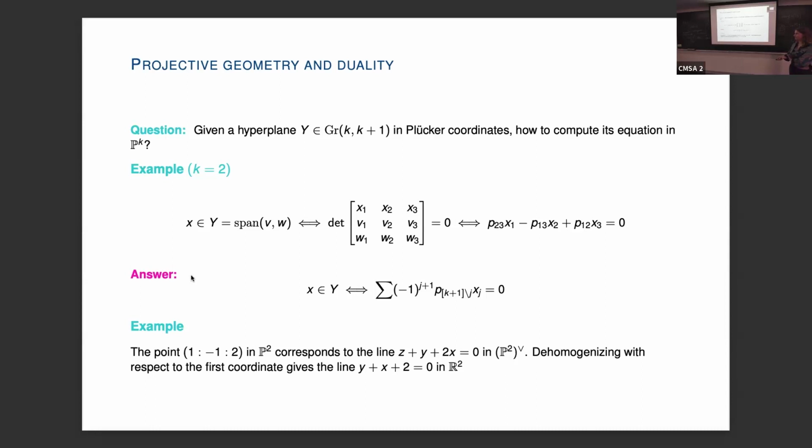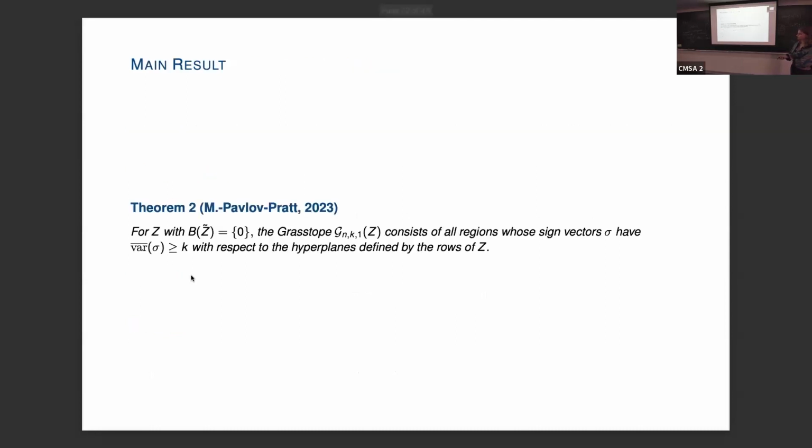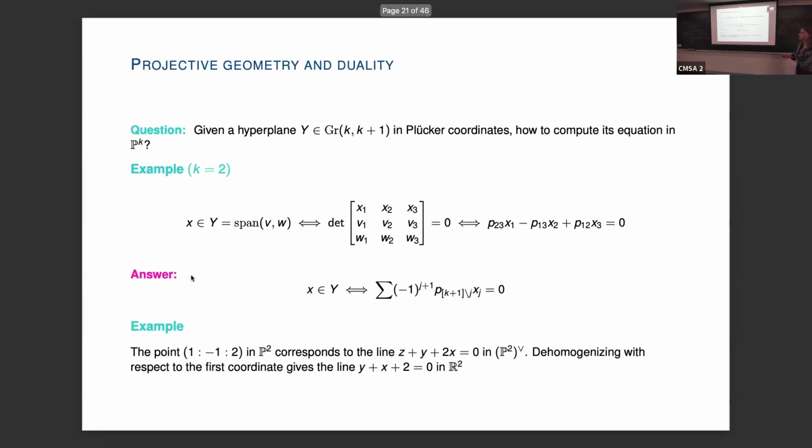So when I say that our row corresponds to a hyperplane, I mean we consider the row as a point in P2, and then we write down its dual in this way.